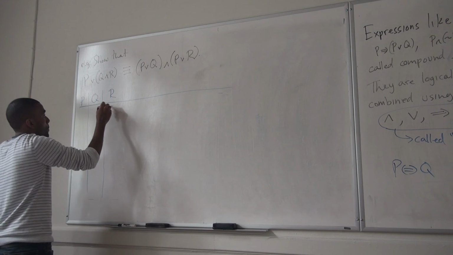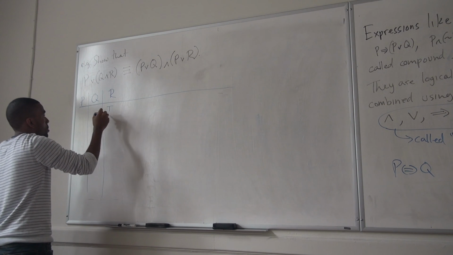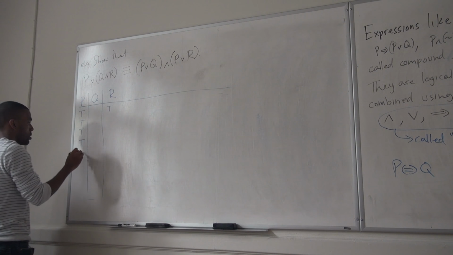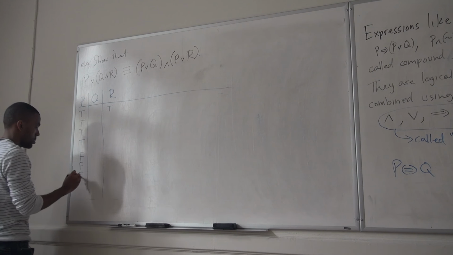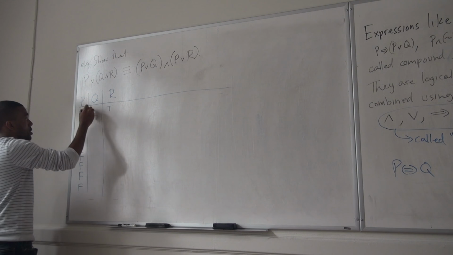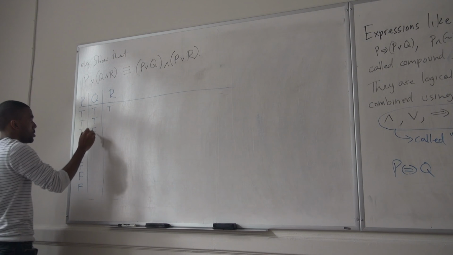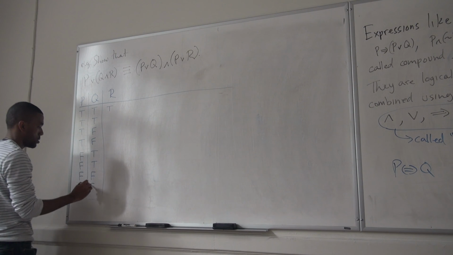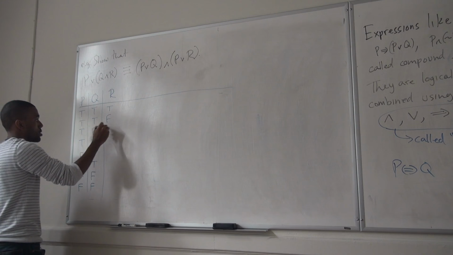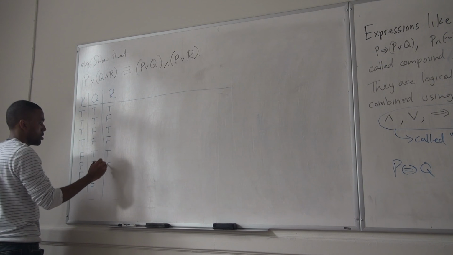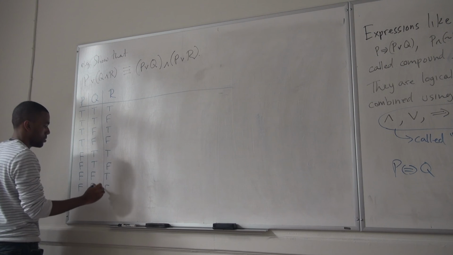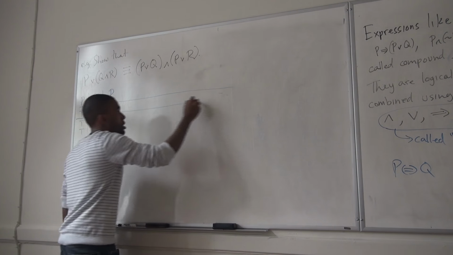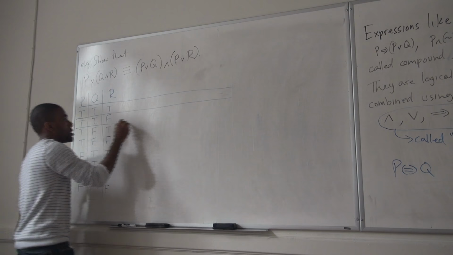Starting from here, we have 4 true, 4 false, then 2 true, 2 false, 2 true, 2 false, and then true, false, true, false, true, false, true, false. That's all possible arrangements of the true, false truth values for 3 statements.